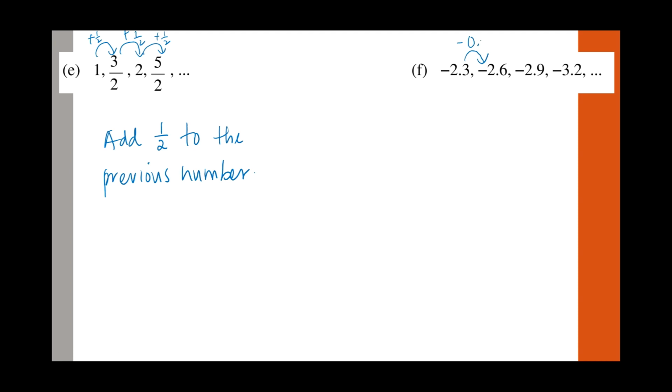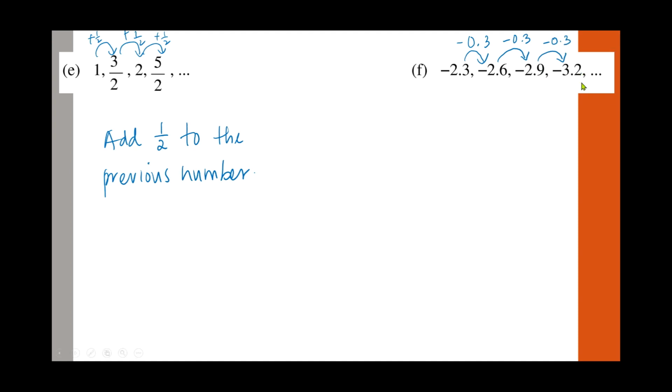Wow, very good. Subtract negative 0.3, right? Subtract 0.3 or minus 0.3. So negative 2.3 minus 0.3, we get negative 2.6. Negative 2.6 minus 0.3, we get negative 2.9. After that, negative 2.9 minus 0.3, we get negative 3.2.